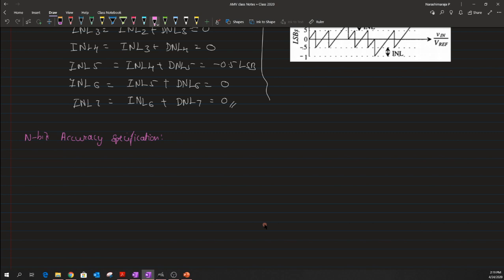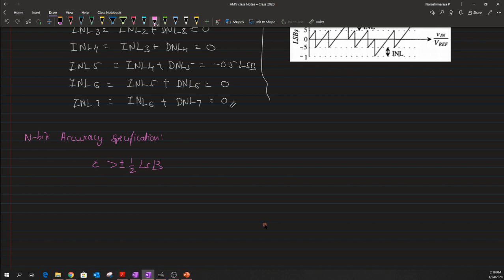any error that goes above, say for example, I'm just specifying the error as epsilon. Okay, so any error that is greater than, so basically it is any error that is greater than this plus or minus half LSB. Okay, and this error could be a DNL or INL or offset. Okay, so any error which goes beyond the value of plus or minus half LSB, then one would say that particular data converter has a resolution which is less by 1 bit.